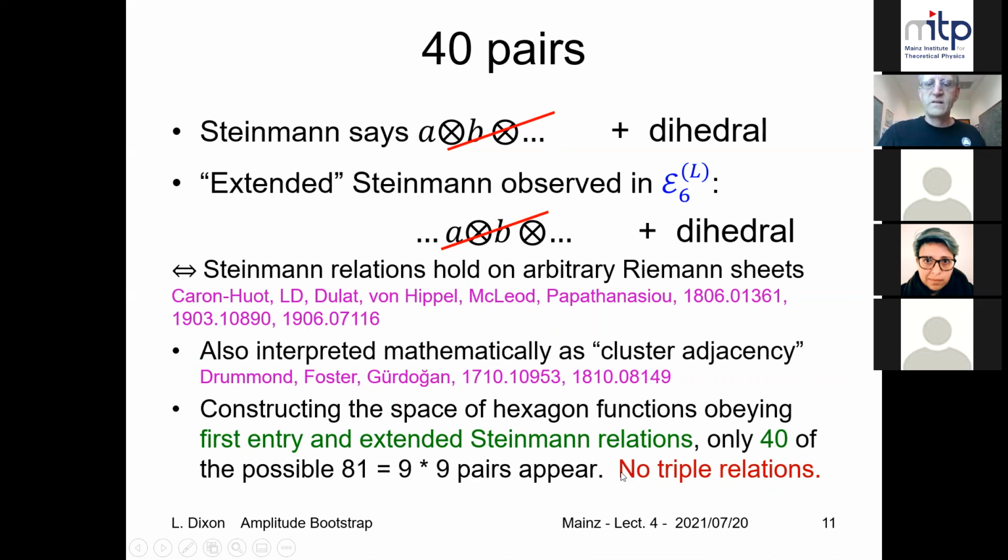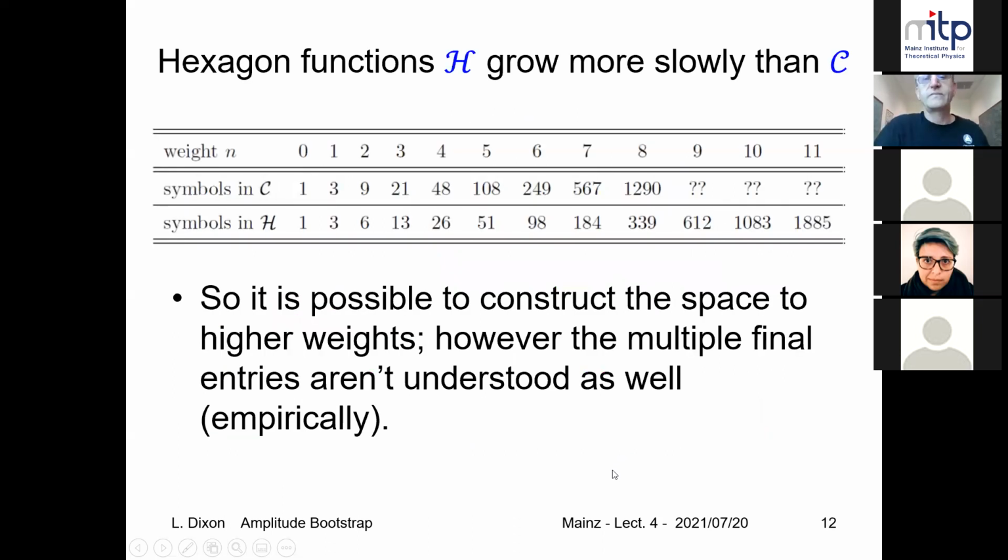And by the way, you can impose this 40 pair relation, and you can ask how many independent triples there are. And then you can go count triples in the symbols of these explicit amplitudes. And you find that they saturate the triples. In other words, unlike the form factor case, there are no additional triple relations.